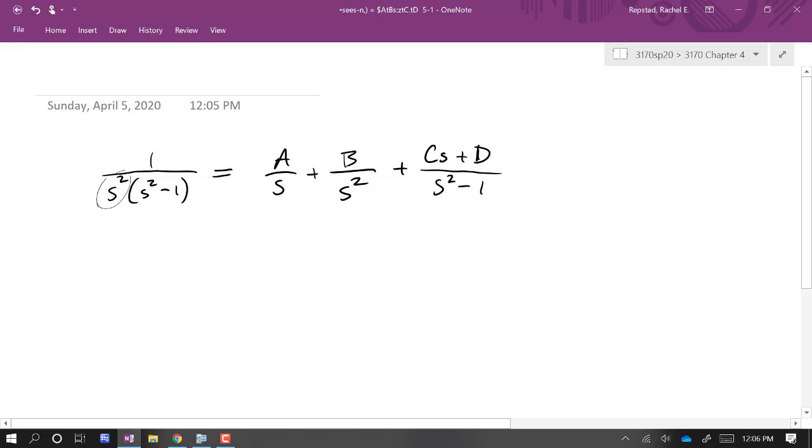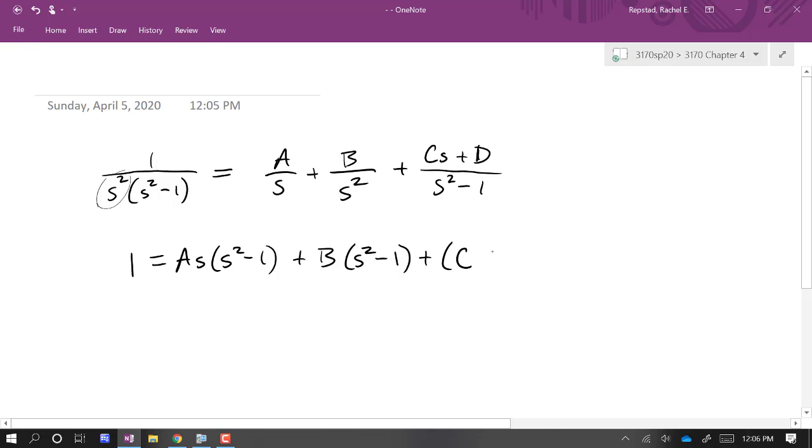When we multiply through by the LCD, clearing denominators, we get 1 equals A times s squared minus 1 plus B times s squared minus 1 plus Cs plus D times s squared.